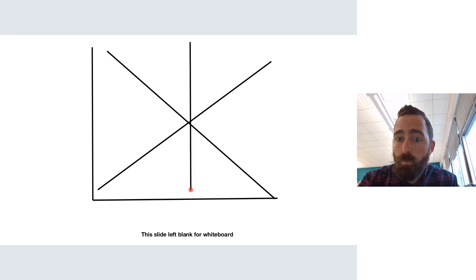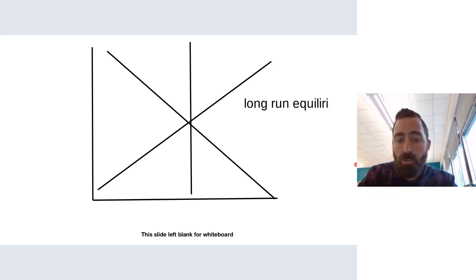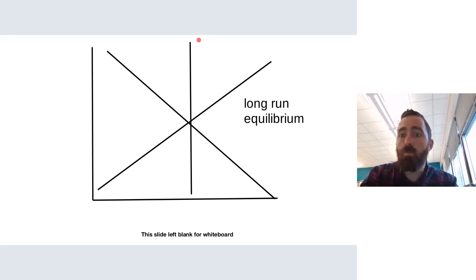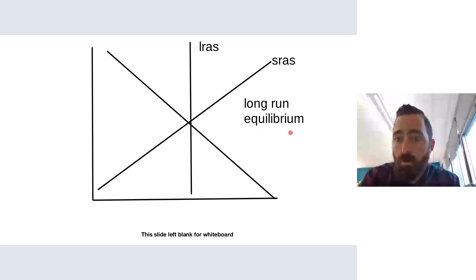So this condition right here, when you have aggregate demand and short-run aggregate supply intersect with long-run aggregate supply, this is known as long-run equilibrium. Because this right here, long-run aggregate supply, short-run aggregate supply, over here, aggregate demand.